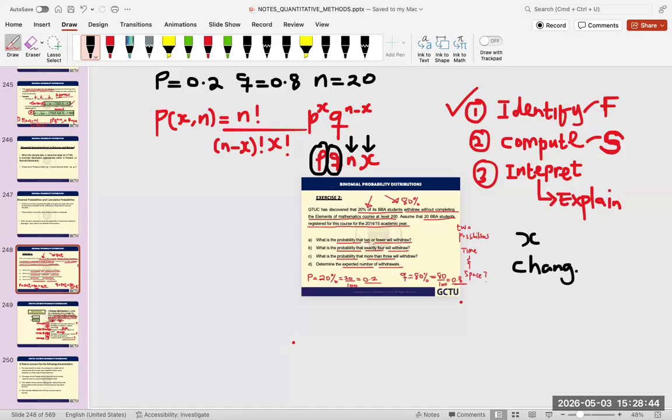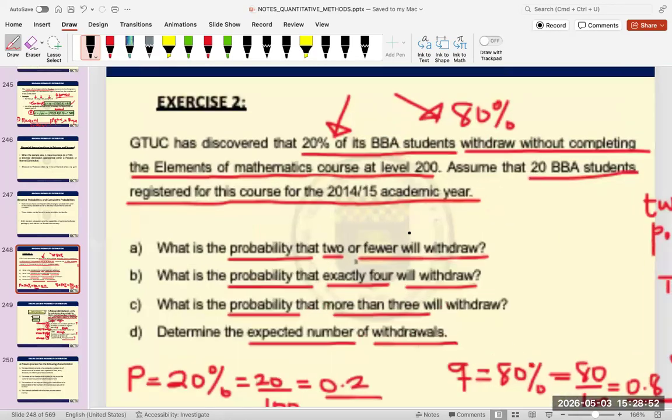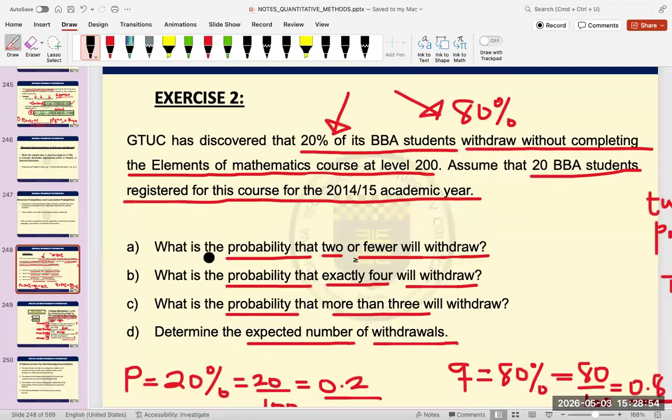It cannot be a constant number. X will be changing. That's the meaning of random. Okay. So let's see where we will position X. It says, what is the probability that 2 or fewer? We need to learn how to write this. What is the probability that 2 or fewer?